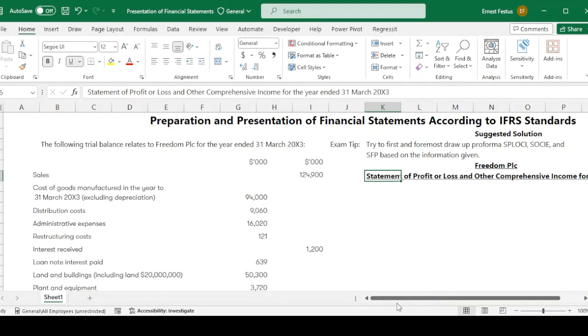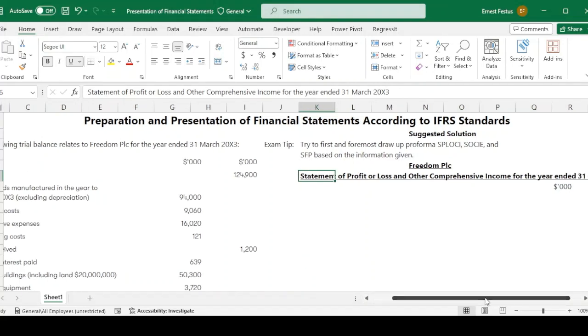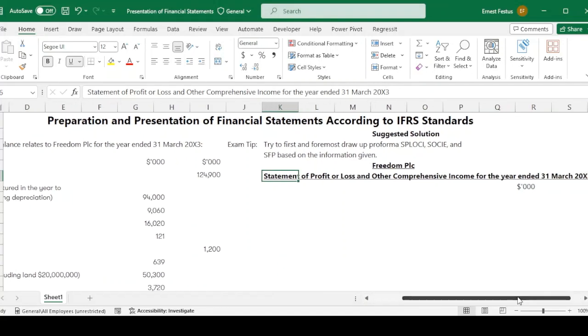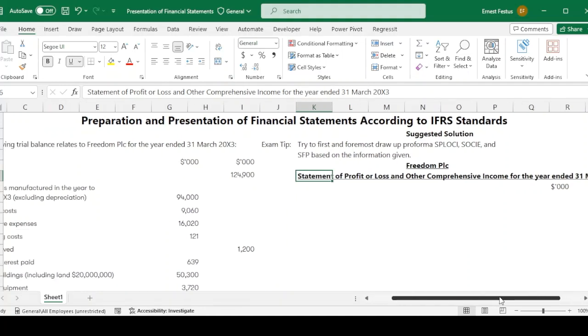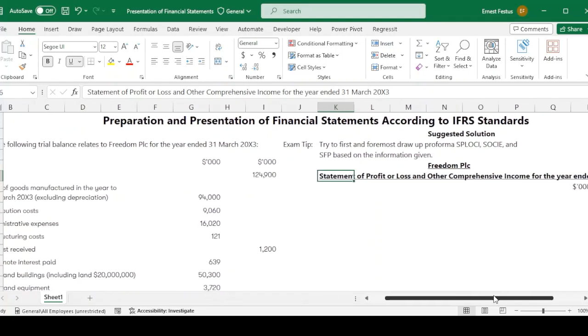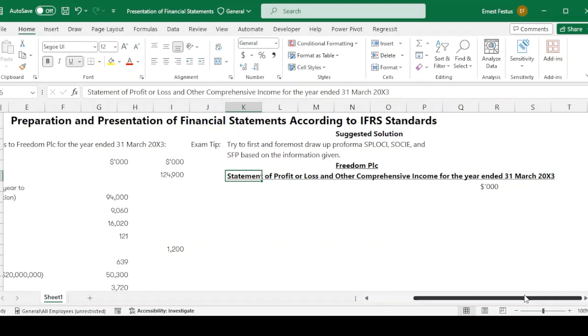The first one is the statement of profit or loss and other comprehensive income for the year ended 31st March 20x3. For simplicity's sake, that's why I'm preparing the financial statements on the same sheet. The best way of doing this is actually to present them on separate sheets, and that is a very good presentation.